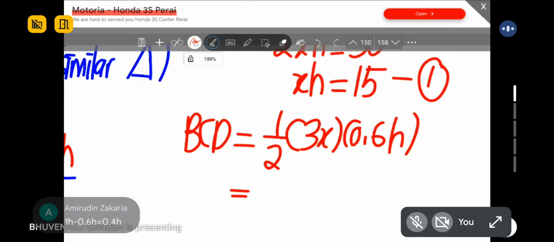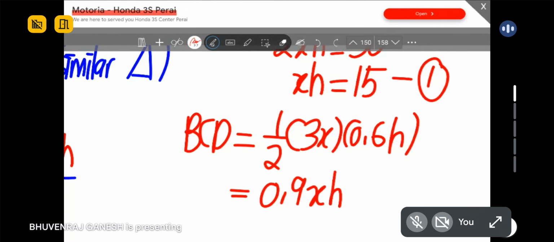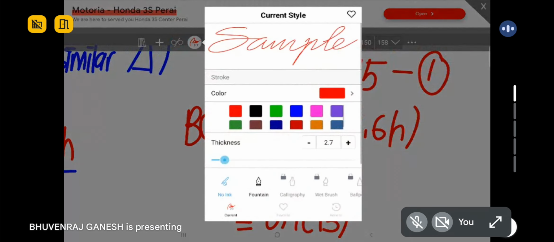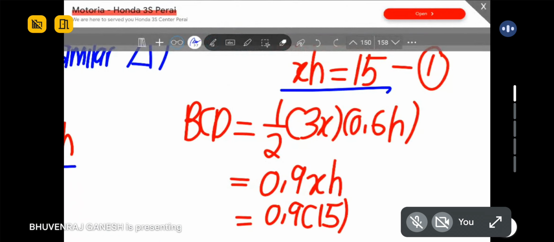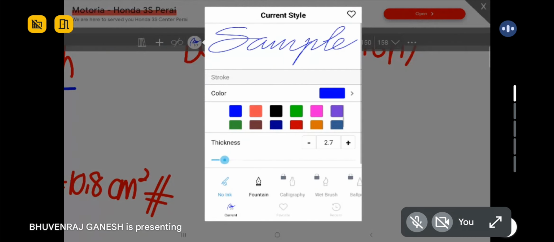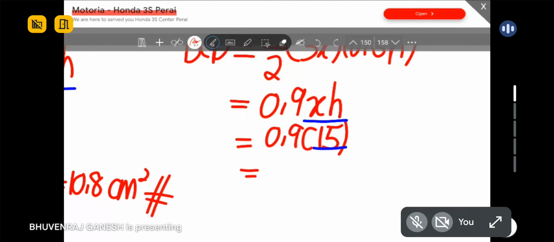If you simplify, you will get 0.9xh. So you will get 0.9 times 15. I substitute xh with 15. Gantikan. So your final answer, if you multiply, you should get 13.5 cm square.